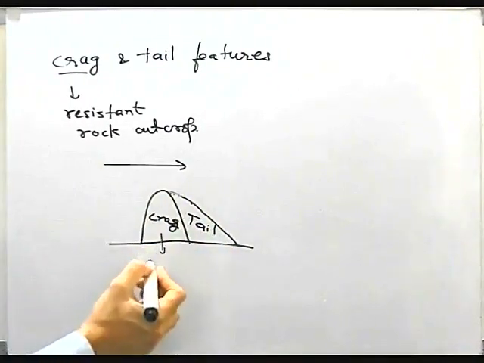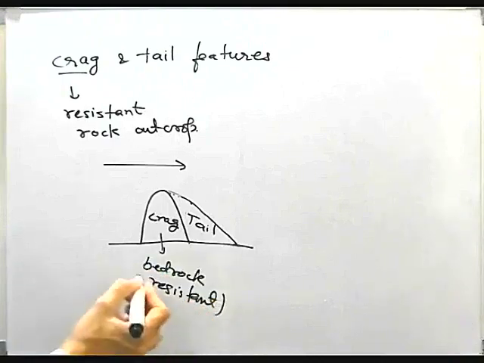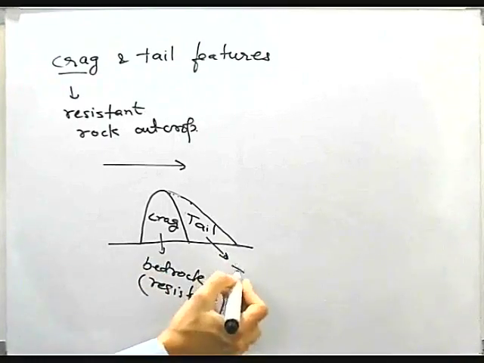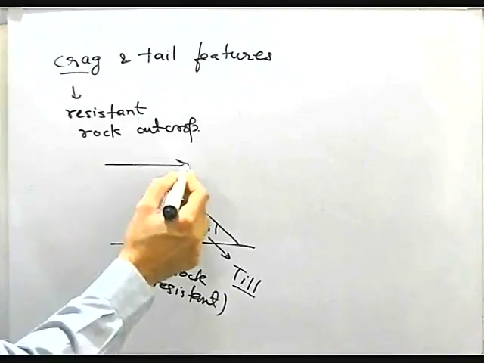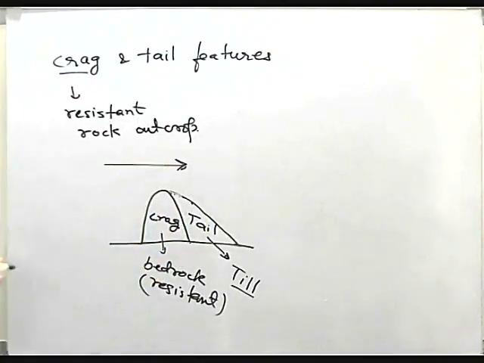So the crag is composed of bedrock, which is resistant. The tail is composed of glacial till. So this will also indicate the direction of movement of ice. All the stoss and lee forms indicate the direction of movement of ice.